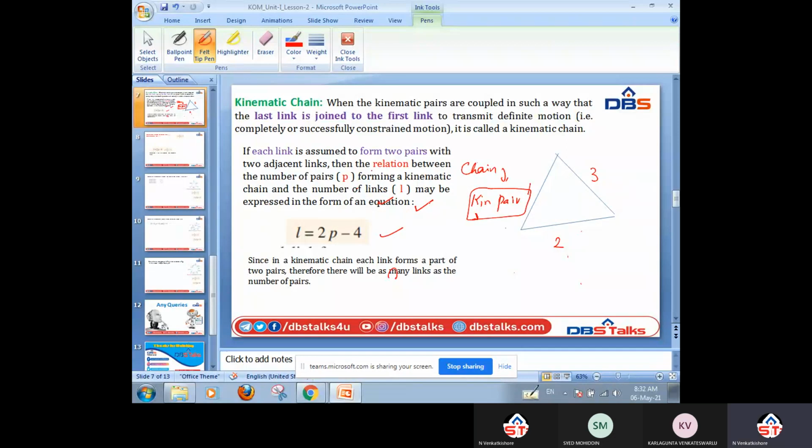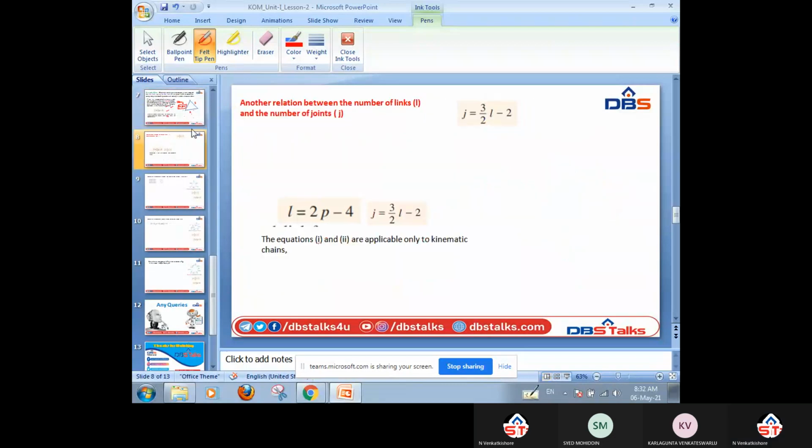Let us consider a problem related to kinematic chain, and at the same time here also one more equation with respect to joints and the links. So that is j is equals to 3 by 2 l minus 2.